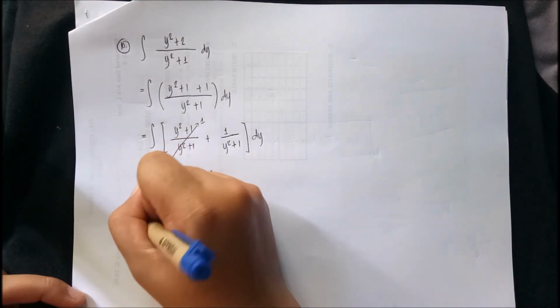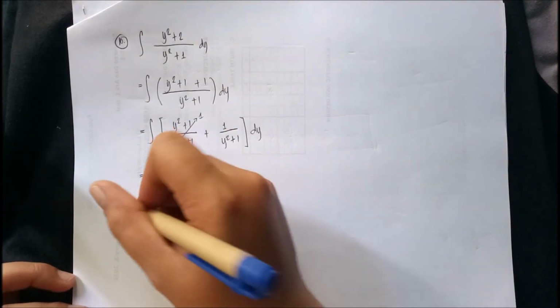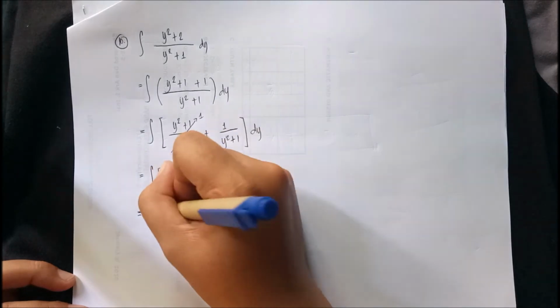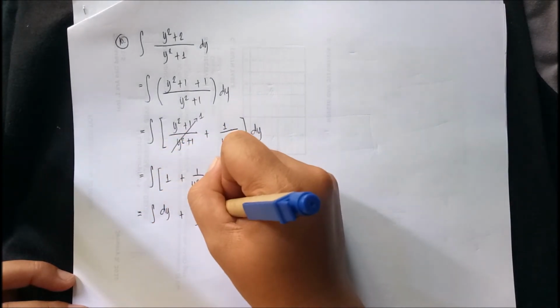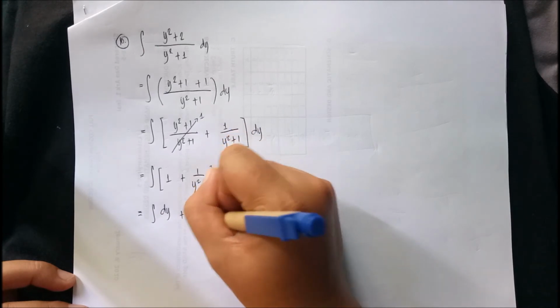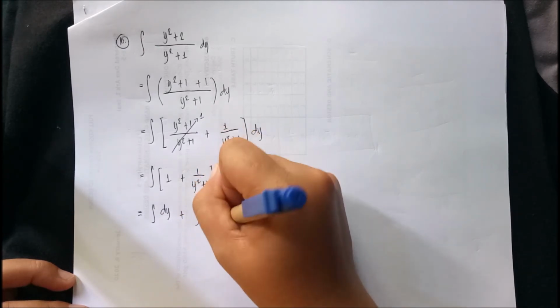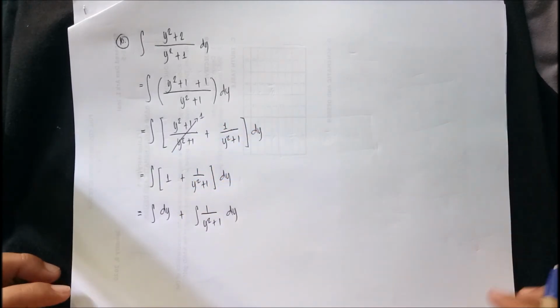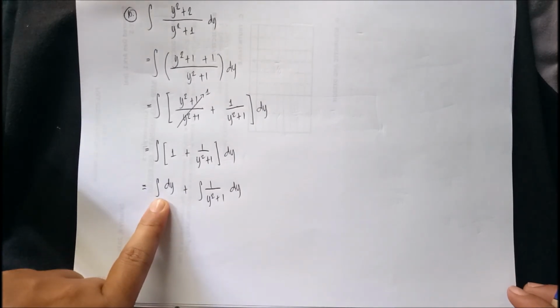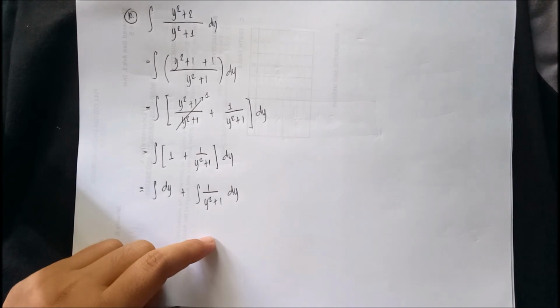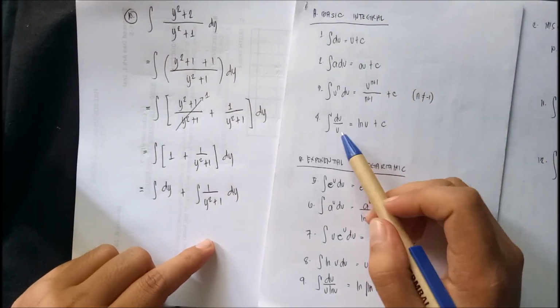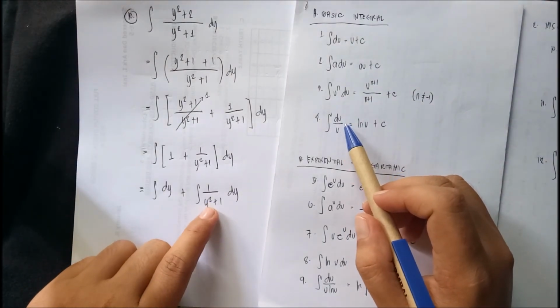Okay? Distribute ko yung integral, class. This becomes the integral of dy plus the integral of 1 over y squared plus 1 dy. Walang problema dito. Dito, tingnan natin kung may problema. Kung gagamitin natin tong du sa taas, ang du nito is dy.